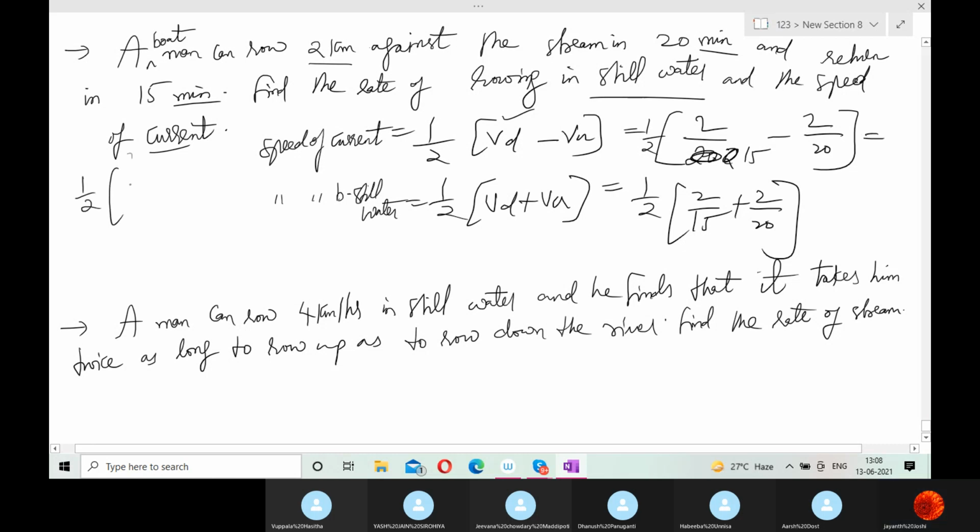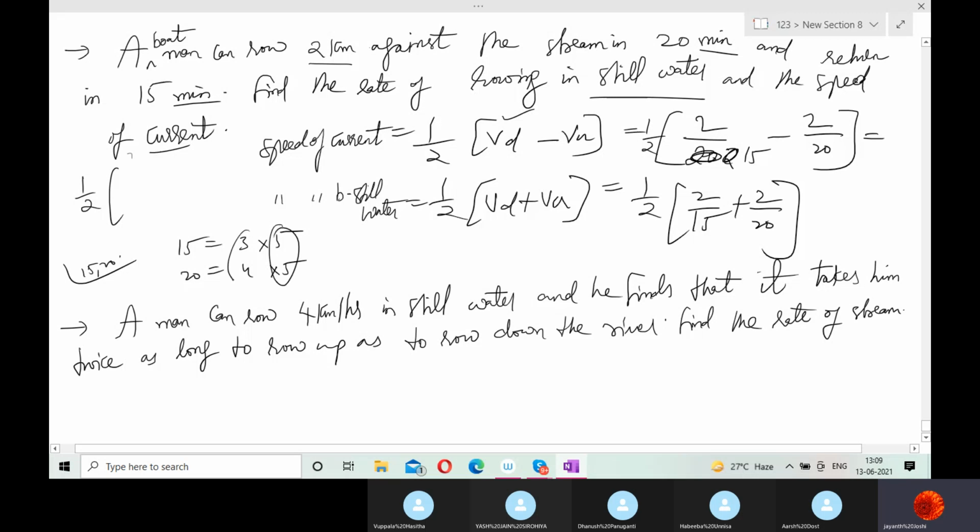Half. LCM, you know, 15 you can write as 3 into 5 and 20 as 4 into 5, so the LCM is 60. So here multiply by 4, here by 3.